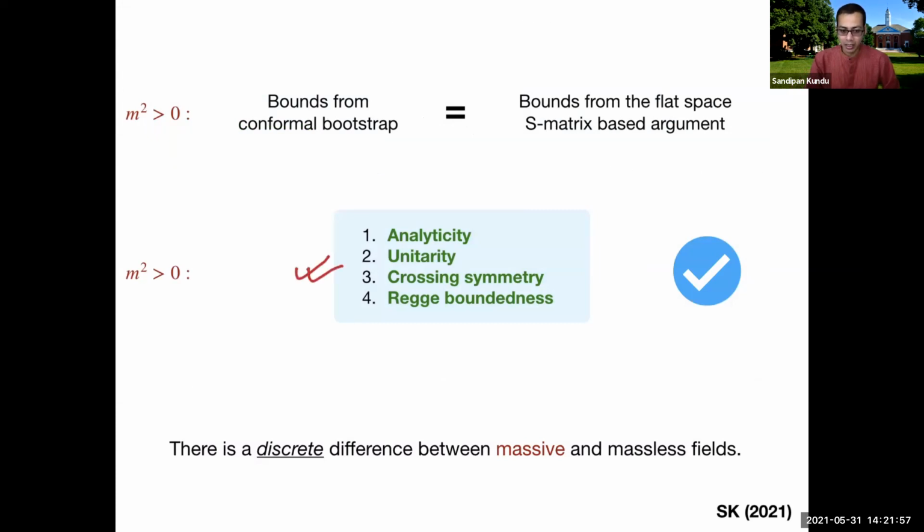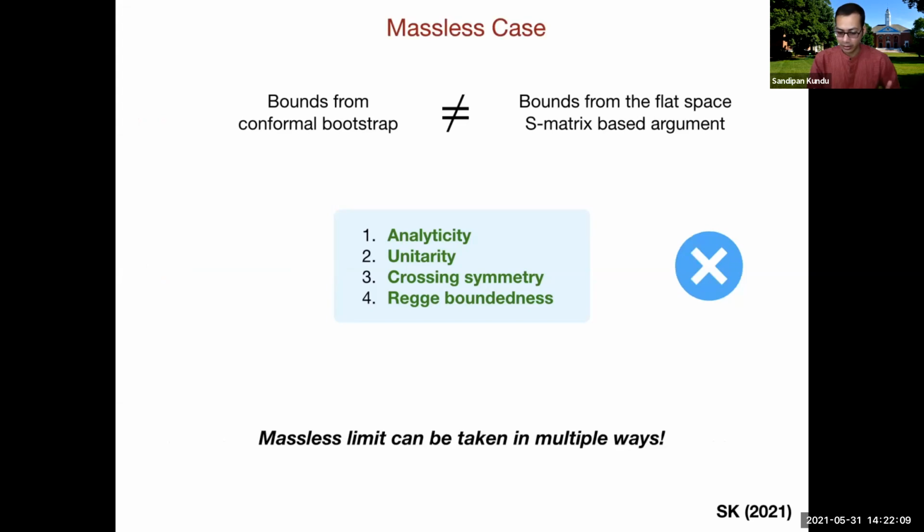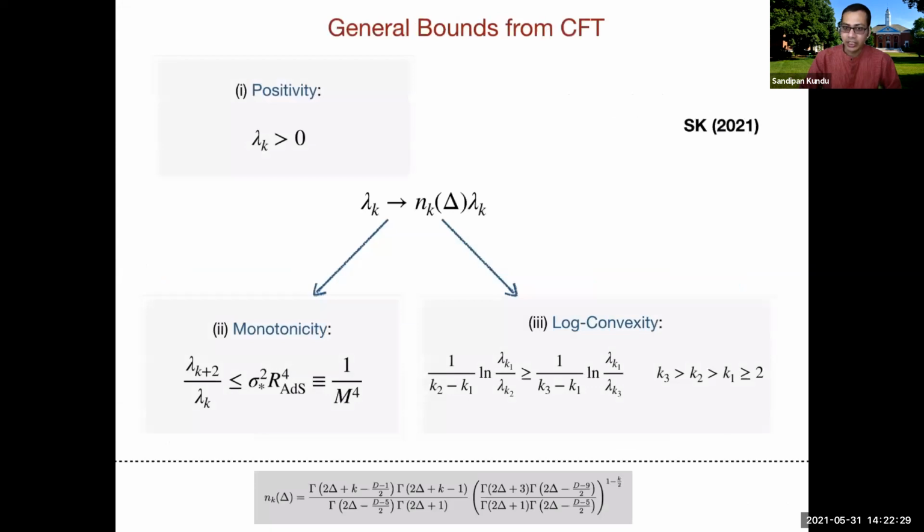However, I must say that in this CFT analysis, there is a discrete difference between massive and massless fields. And this exact agreement between the flat space argument and the CFT argument does not work when the external states are massless, so when the scalar field is a massless scalar field. In fact, in general, one can derive general bounds from CFT, which are valid both for the massive case and for the massless case.